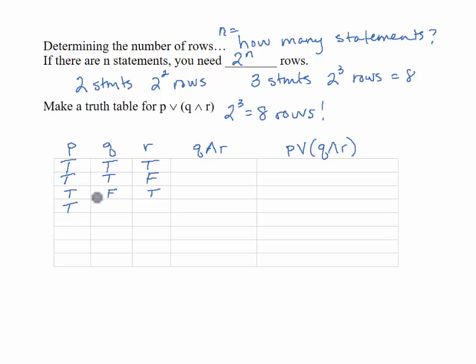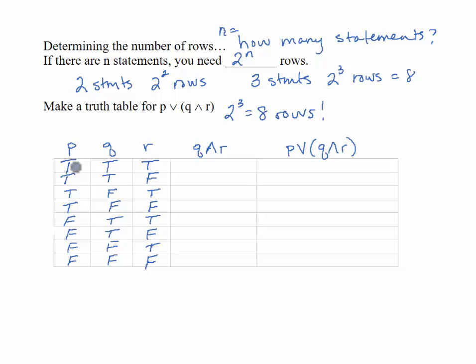Or P could be true, Q could be false, and R could be false. Or we could have P be false, Q be true, R be true. Or P could be false, Q could be true, and R could be false. Or P could be false, Q could be false, and R could be true. Or they could all be false. So those are my combinations.